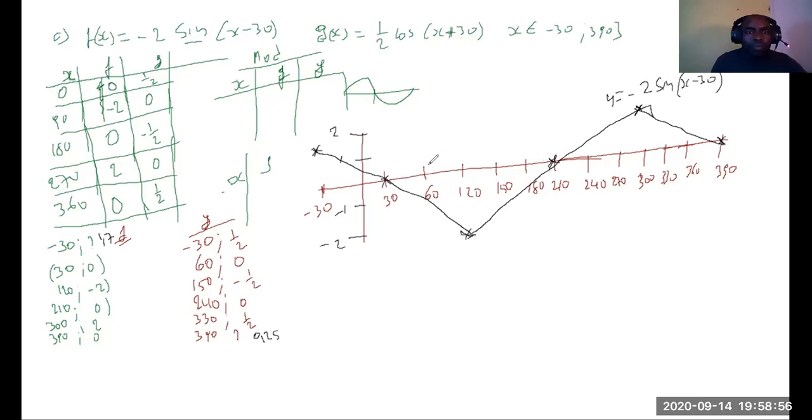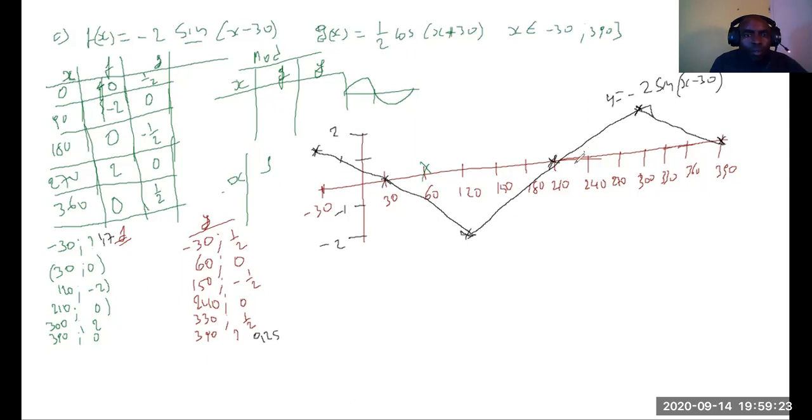And then I change the color now for the other one. And this is not an easy graph to make. So here we've got -30 and a half. Let me look at my zeros. At 60, and then 240.